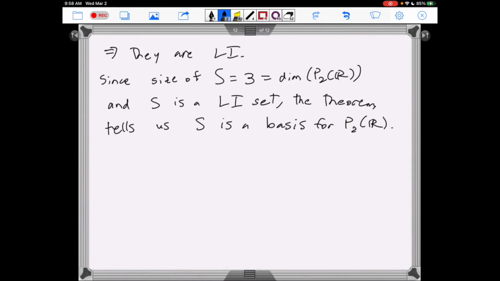Okay, we have one more theorem. I said this earlier, but I didn't write it down, so I just want to write it down so that we've got it.